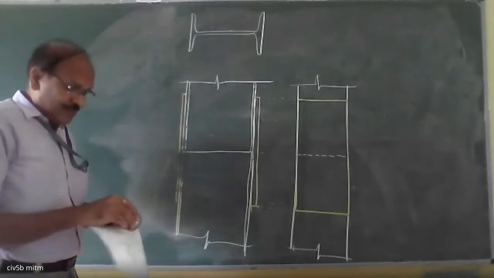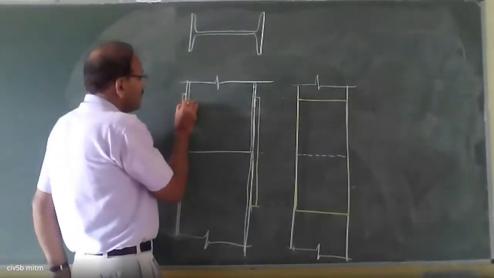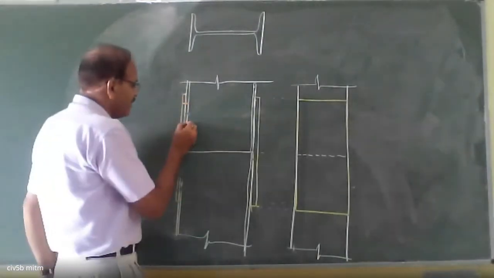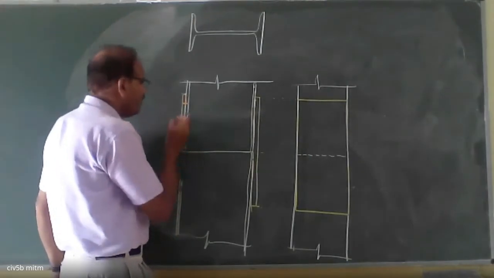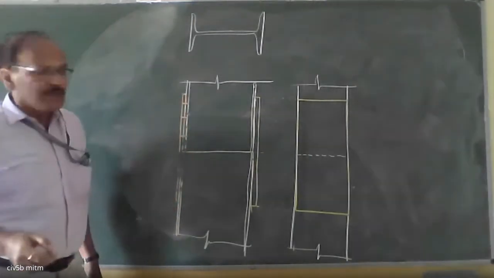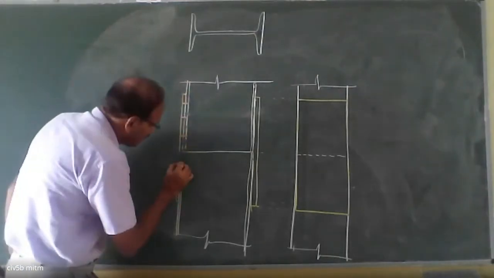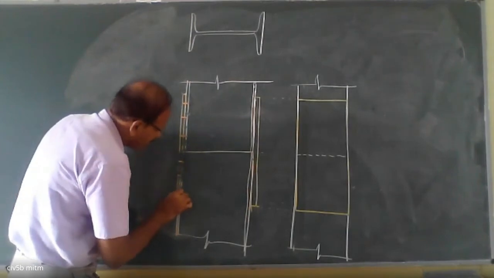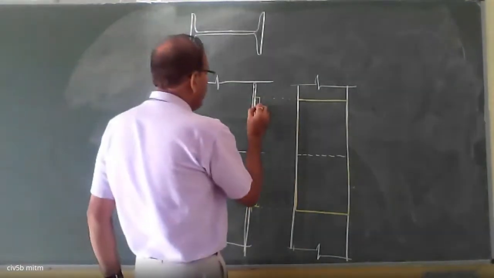Then we need to connect them. We are going to make use of bolts or welds. Again, those are designed, and we are going to connect the upper part of the splicing with the upper portion of the column. Similarly, at the bottom, we are going to connect using bolts.